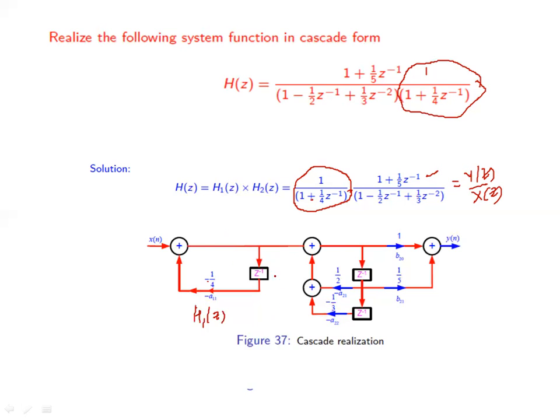So this is how the cascading of the two systems is done. This is H2(z) in direct form 2. So this is the first system and this is the second system. So this is how we realize IIR filters in cascade form structure.